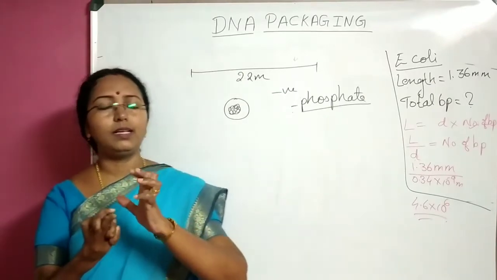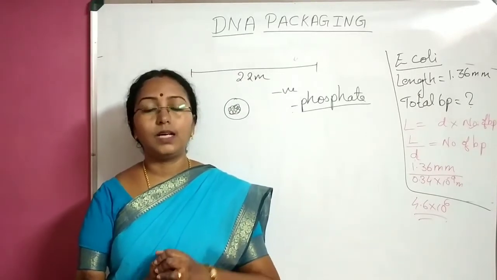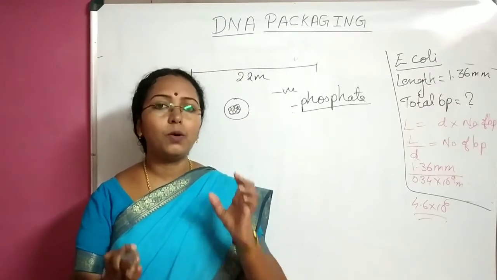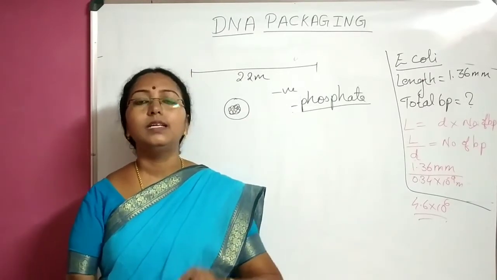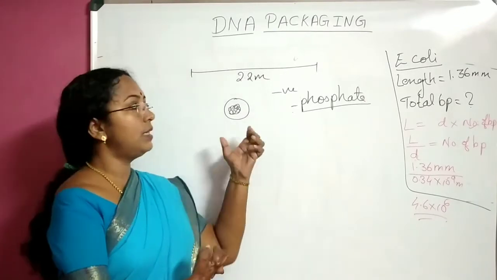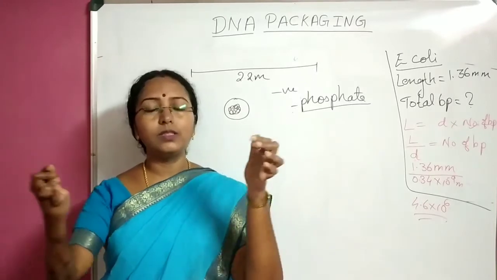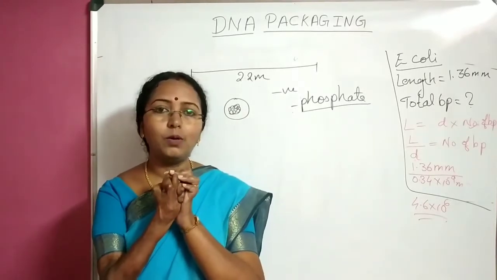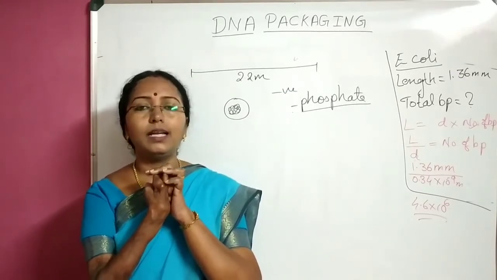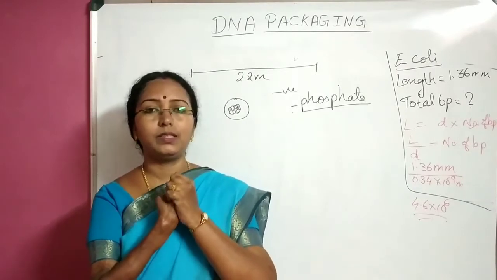So our DNA will never be stable inside the nucleus, and then we can't call it a genetic material, because the first and most important property of genetic material is that it should be stable. If all those charges are kept inside the very small shell of the nucleus, they will repel each other and it will lose that property of stability.